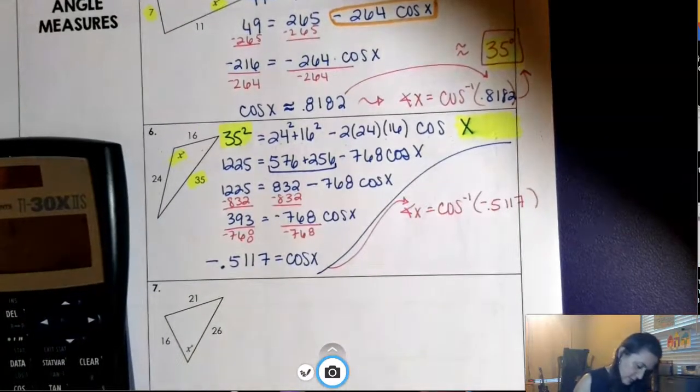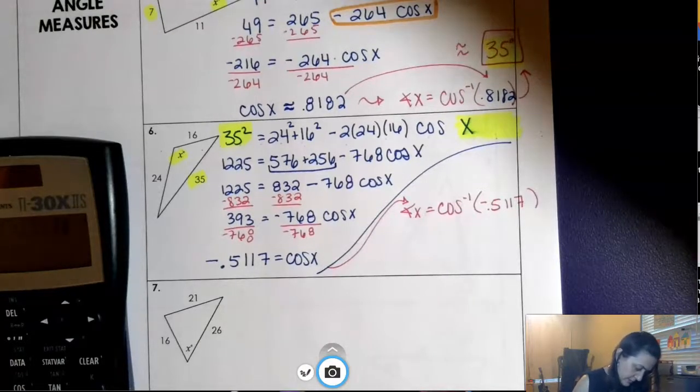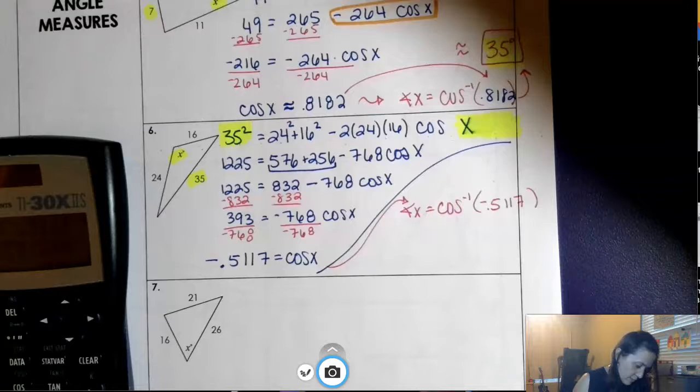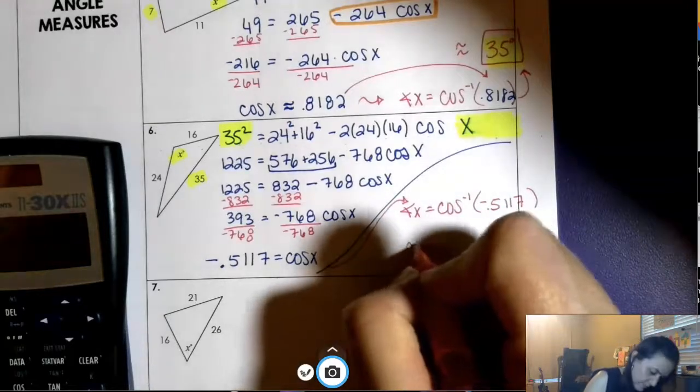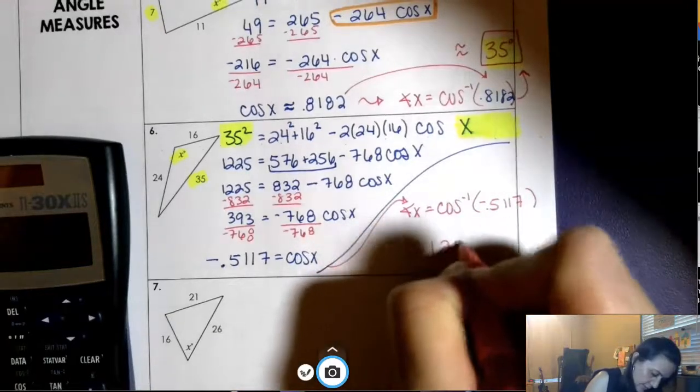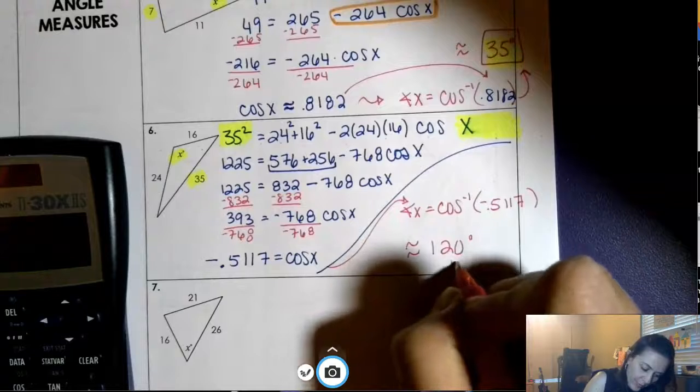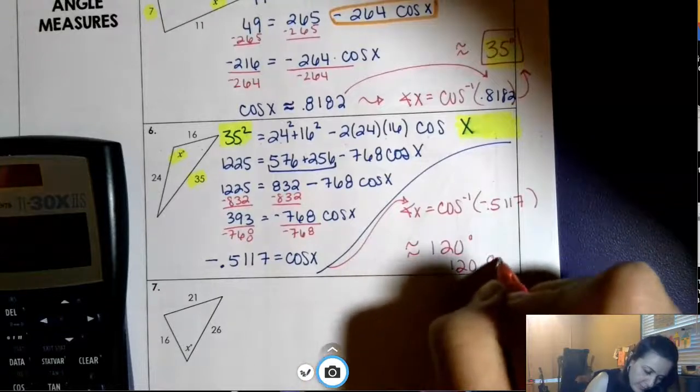So inverse cosine, negative 0.5117, and we get approximately 120 degrees. 120.8 actually, if you're going to 1 decimal.